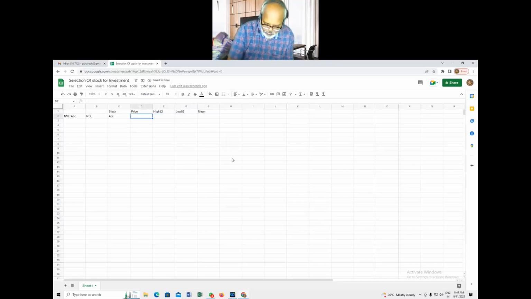Now, to find the current price of ACC, I would type Google Finance, bracket. I should select this scrip and then write in inverted commas price, and then close this, and I will get the price of ACC.